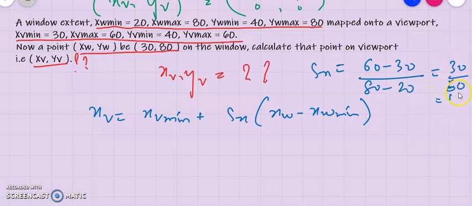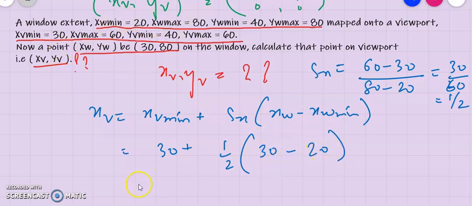So my Sx becomes 1 by 2. Now I put in the values. Xv minimum is 30 plus 1 by 2 into xw, which is 30, minus xw minimum 20. So it's 30 plus 1 by 2 into 10. So I get the value as 35. That is the xv value.